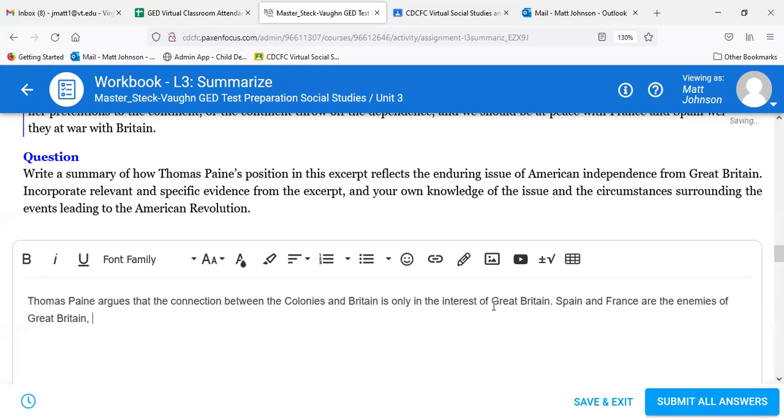Spain and France are the enemies of Great Britain, not America's enemies. Okay. Thomas Paine argues the connection between the colonies and Britain is only in the interest of Great Britain. Spain and France are the enemies of Great Britain, not America's enemies.